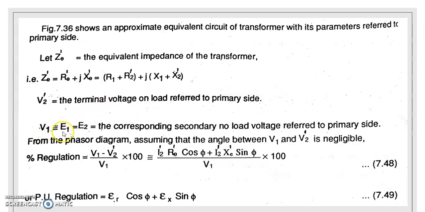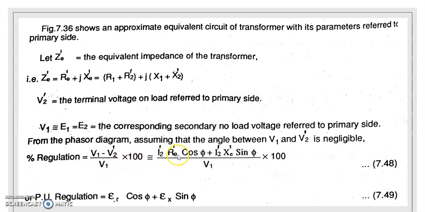V1 is equal to E1, which is equal to E2, the corresponding secondary no load voltage referred to the primary. So we can define the percentage regulation as V1 minus V2 dash upon V1 into 100, where V1 is the no load voltage of the secondary referred to the primary side, and V2 dash is the terminal voltage on load referred to the primary side.